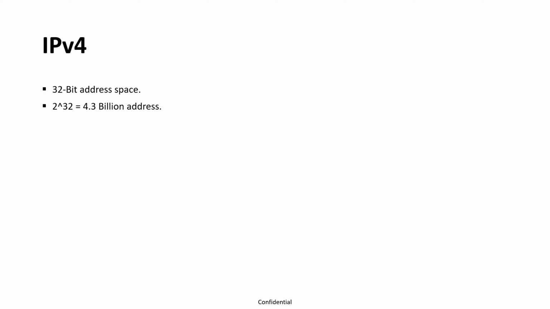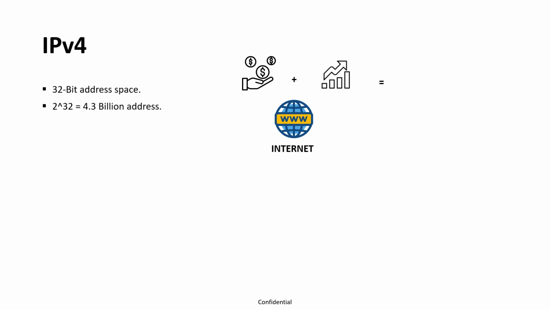While this might sound like a large number, in the early 90s, the commercialization and rapid growth of the internet resulted in a shortage of available IPv4 addresses, because of which the routing tables of the routers on the internet were doubling annually. Without some changes, the incredible growth of the internet in the 90s would have been stifled.